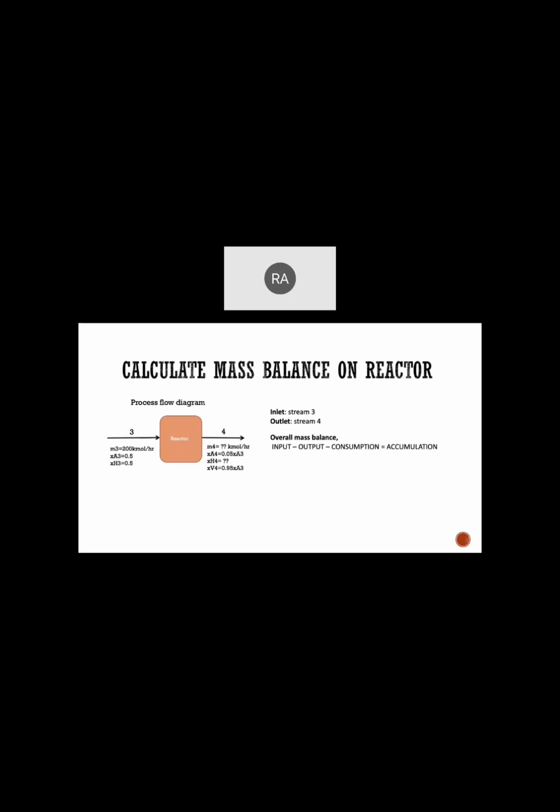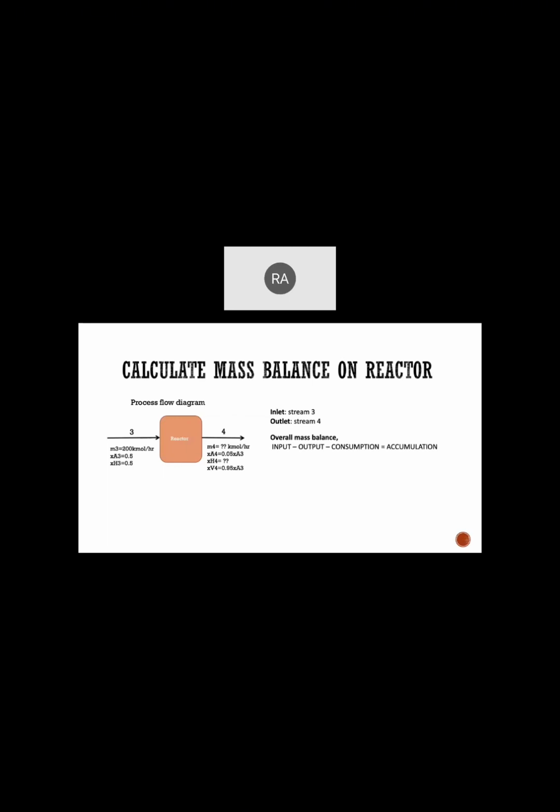Calculate the mass balance on the reactor. This is the process flow diagram. Stream 3 is the inlet for the reactor and stream 4 is the outlet of the reactor. For the molar flow rate, the inlet is 200 kmol per hour and M4 is unknown.